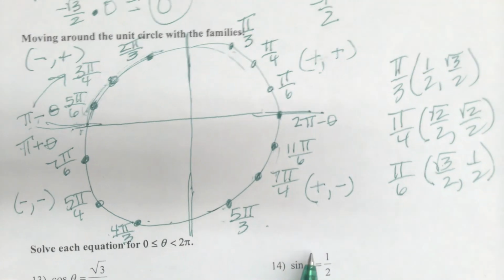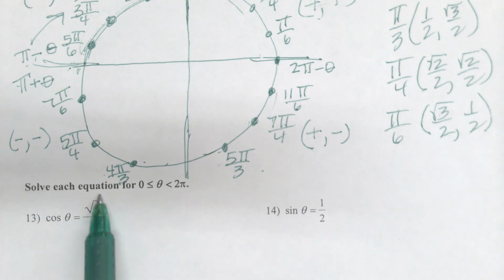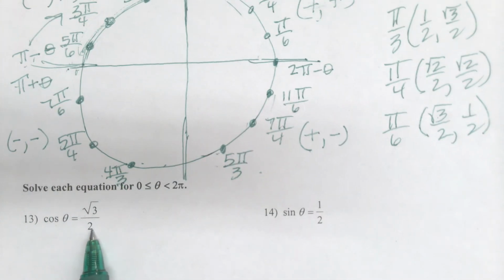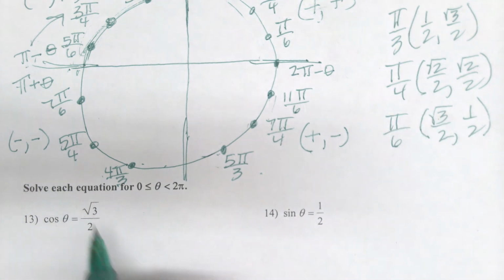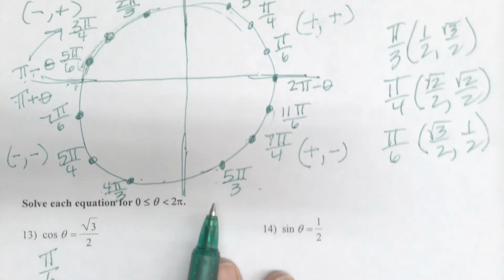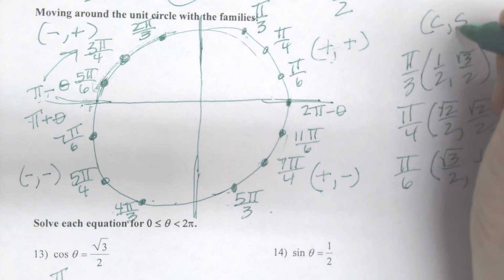When I am working backwards, I'm asking myself, when is the cosine this angle? And so the cosine, this is the x-coordinate. The x-coordinate is the square root of 3 over 2 in the pi over 6 family. So I know the answer is in the pi over 6 family. And when is the cosine positive? Keep in mind that my points all go cosine comma sine.